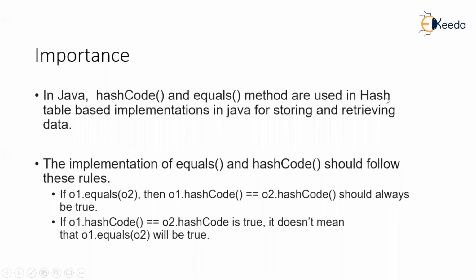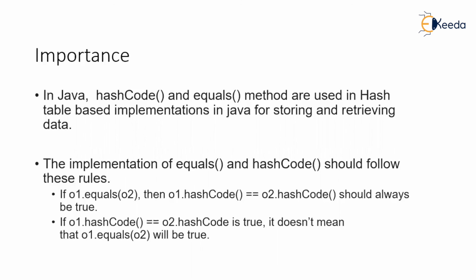So this is the contract between the equals and hashCode methods. In Java, hashCode and equals methods are used to check the equality of objects, and the implementation of equals and hashCode should follow certain rules.